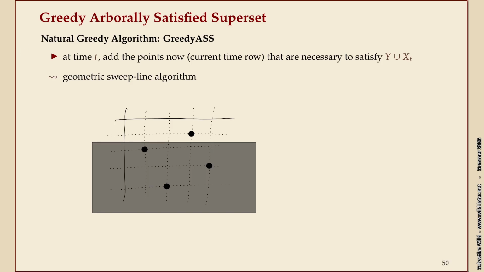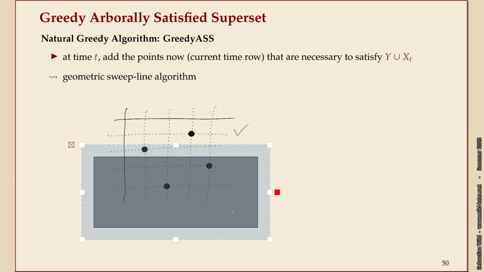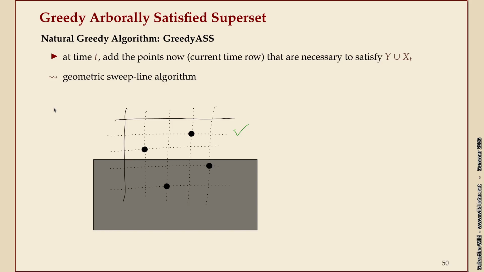At this point, all we see is this single dot, no rectangles. We're happy. So we don't need to add any dots. Now we get revealed the next point, and we see, oh, there is a rectangle that I need to satisfy, namely these two dots. I need to put a dot somewhere.